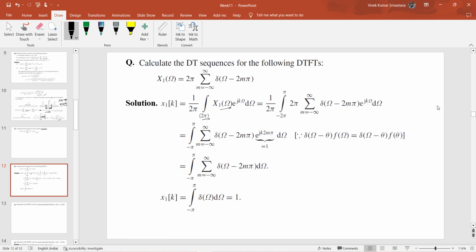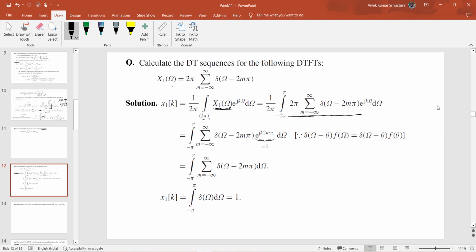As you already know, X1 of omega is given to us: 2 pi summation m equals minus infinity to infinity delta of omega minus 2 m pi. You have to put that here in place of X1 of omega.